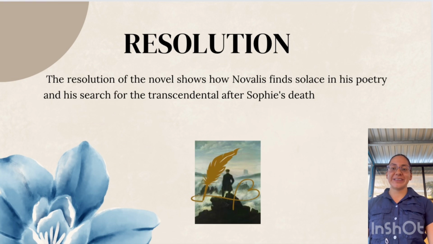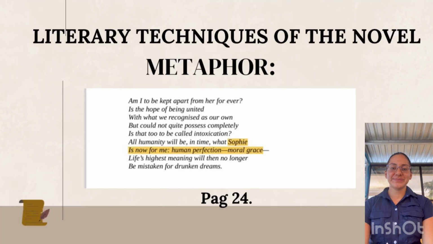Despite her loss, known as Novalis, he finds in his poetry the light that illuminates the path in the darkness. Here is the moment when the blue flower, a symbol of the ephemeral and the eternal, blooms in his heart, leaving an indelible mark of his identity and creative legacy.